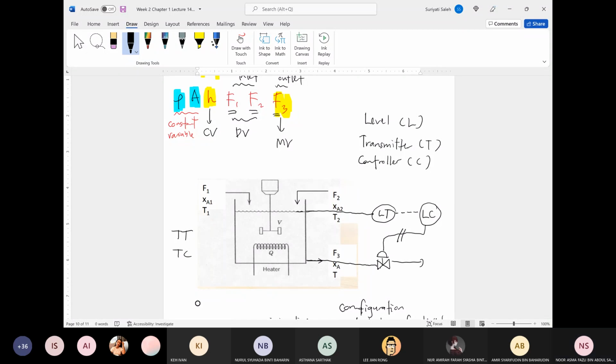If you want to control the composition, you can put XT, XC, or sometimes they use CT or CC. Composition transmitter, composition controller. Both are acceptable, either you use X or C. The most important thing is that the second alphabet should be T for transmitter and C for controller.